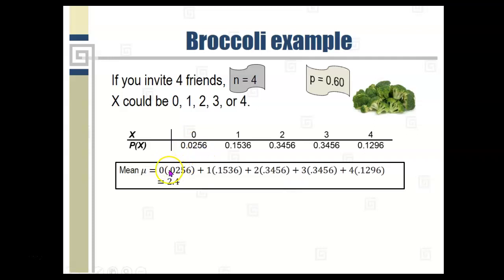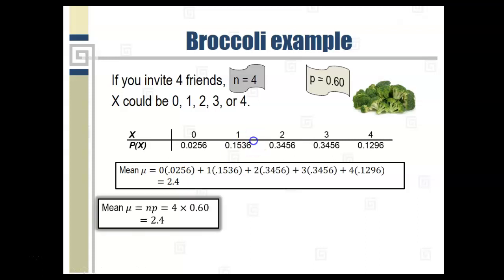So if we did that here, the mean would be 0 times 0.0256 plus 1 times 0.1536 and so on. And that would come out to be 2.4. But because this is a binomial distribution, there's a shortcut. For a binomial distribution, the mean is just n times p. So here that would just be 4 times 0.60, which is 2.4.